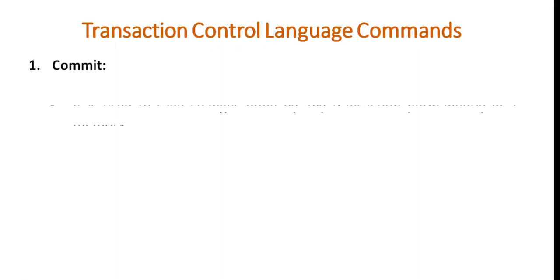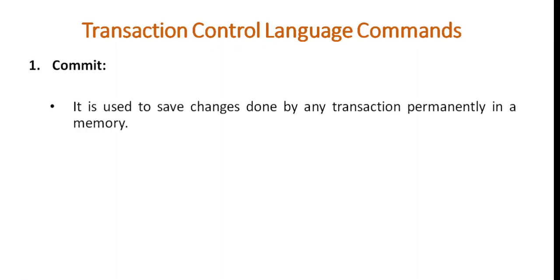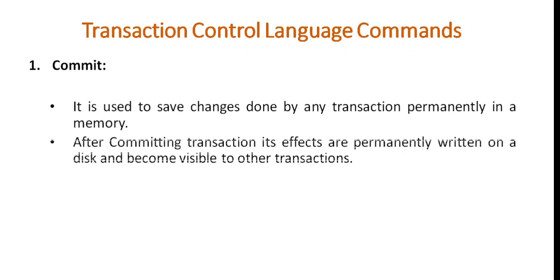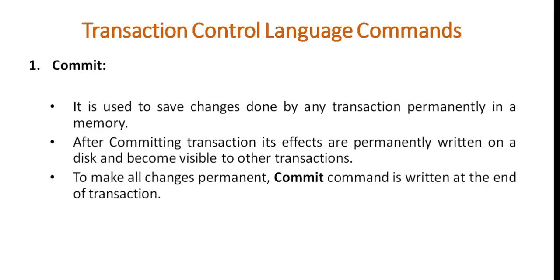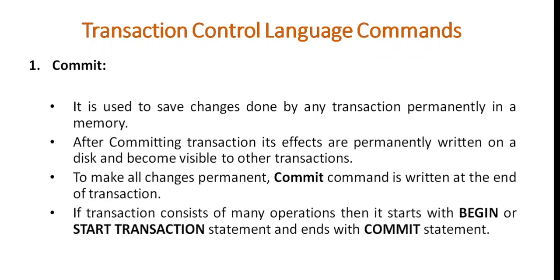So first we'll see the commit command. The commit command is used to save all changes permanently in memory. That is, after committing a transaction, changes are permanently written on disk and they become visible to other transactions. To make all changes permanent, the commit command is written at the end of a transaction.